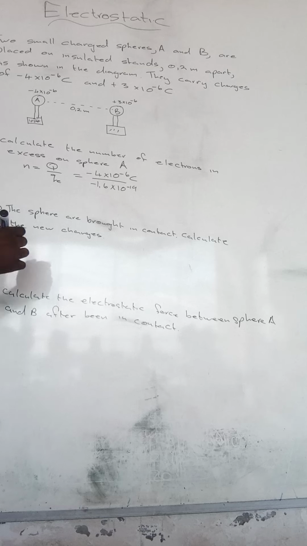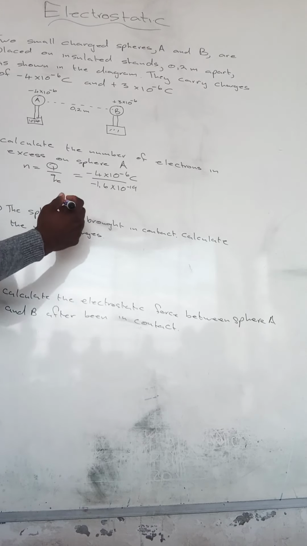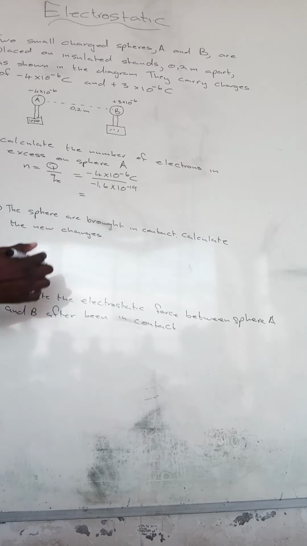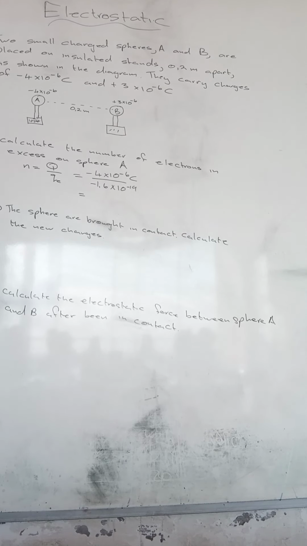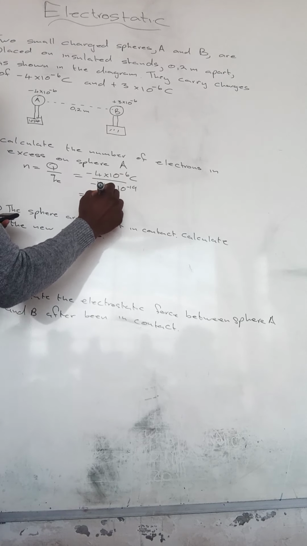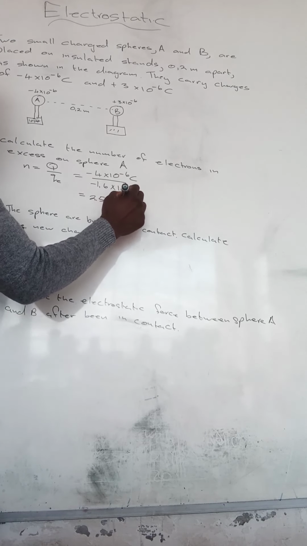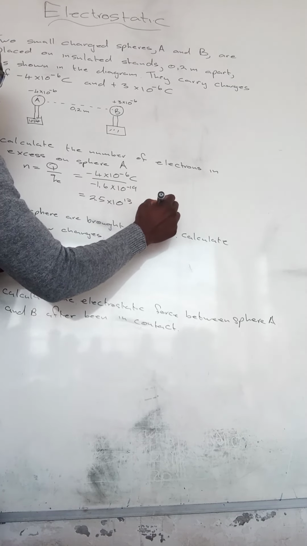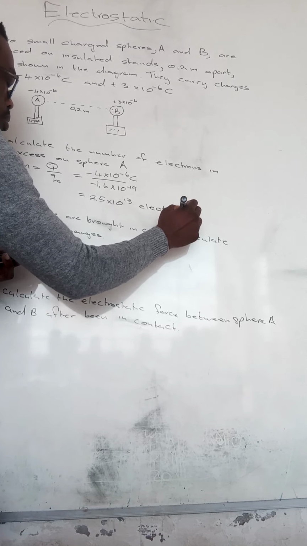Always, what do we want? We want the electrons. N is equal to Q divided by QE, so negative 4 times 10 to the negative 6 divided by negative 1,6 times 10 to the negative 19. So the answer is 2,5 times 10 to the power of 13 electrons.